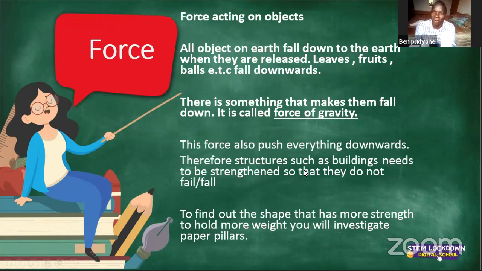Buildings must be strong so that they don't fall. If your house is not strong enough, it will fall down, and nobody will have taken it down. The force of gravity will make it fall.